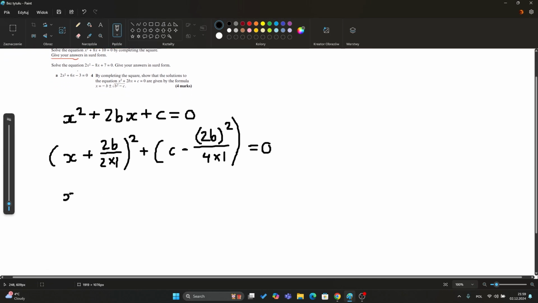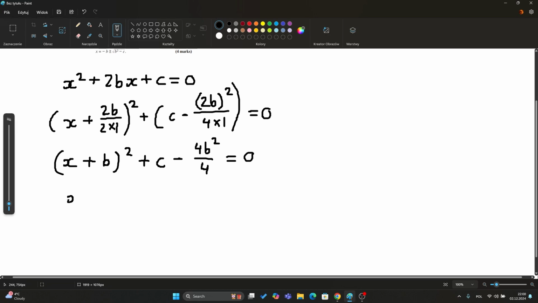So now that's x plus 2b over 2, which is b, and here we have plus c minus 4b squared over 4 equals 0. So x plus b squared plus c minus b squared is equal to 0.